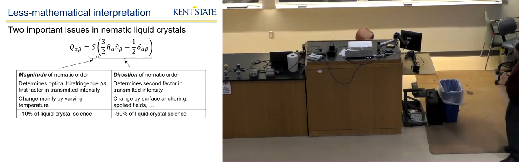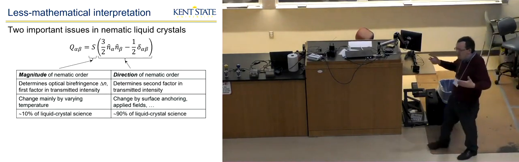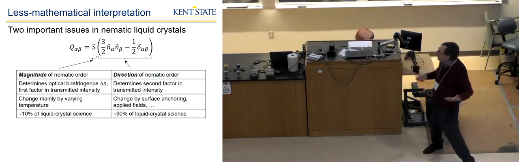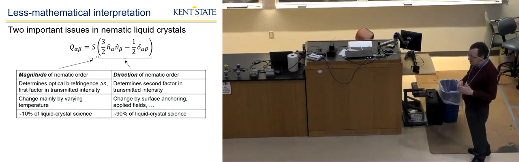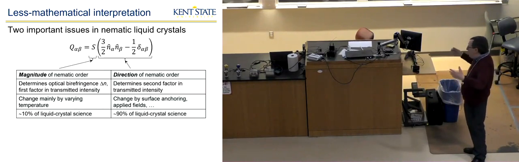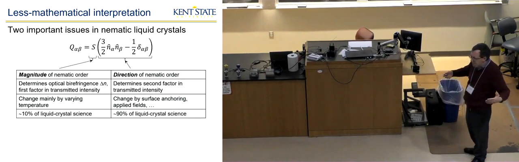That goes into this second factor in the transmitted intensity, and it's something that people change in lots of ways: by surface anchoring, by applied electric or magnetic fields, a variety of things like that. That's the biggest issue in liquid crystal science.